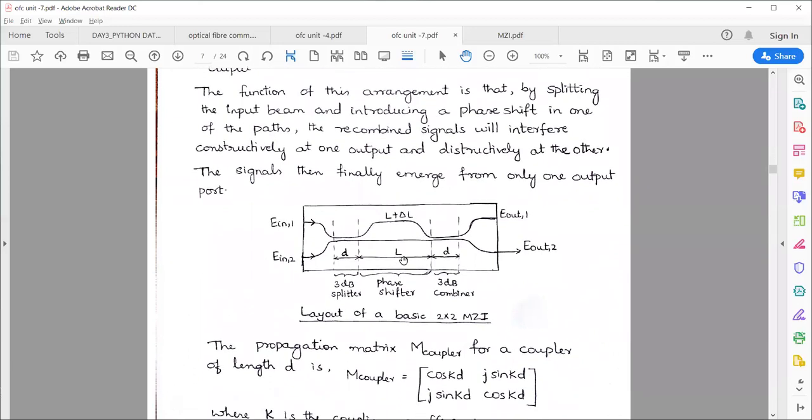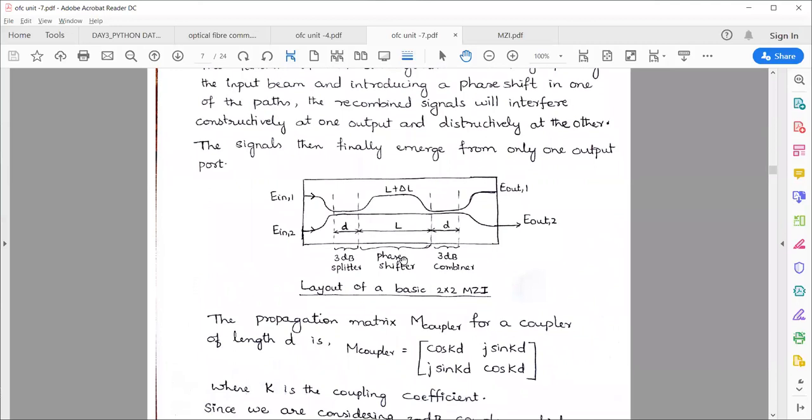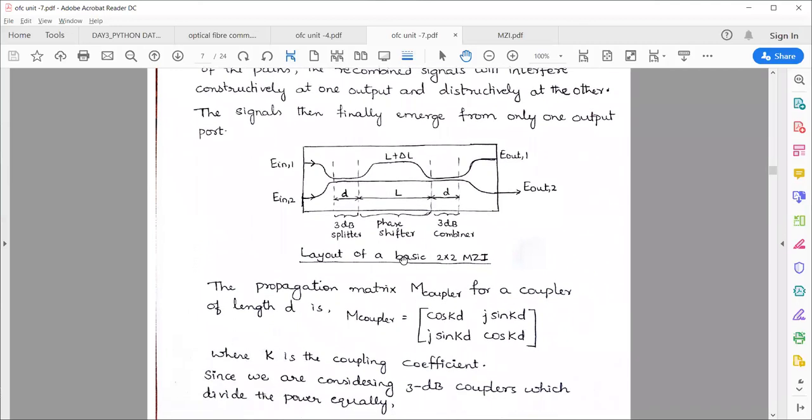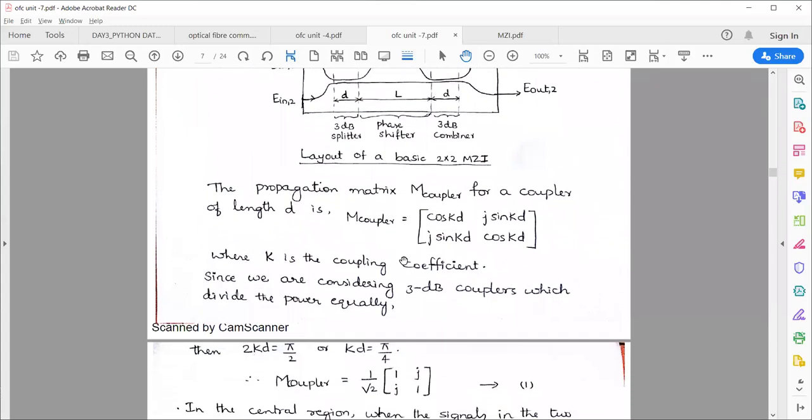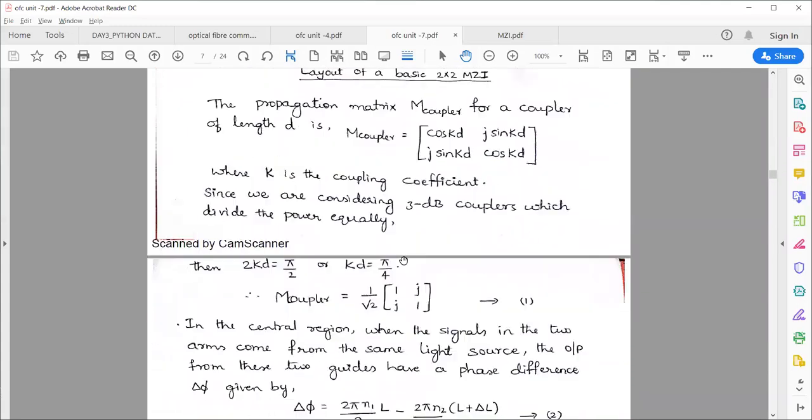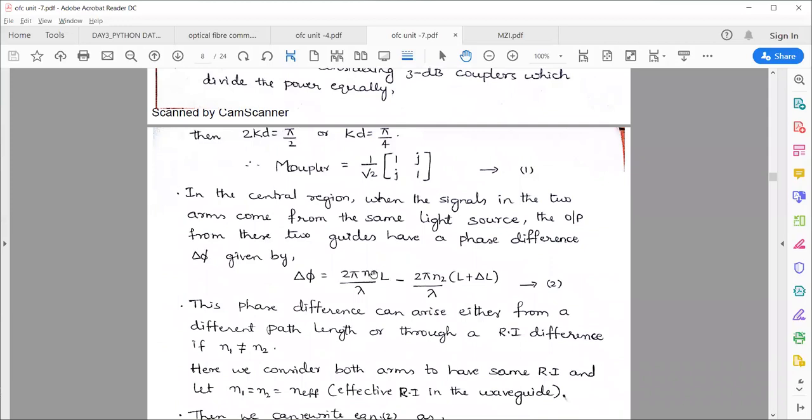So one can introduce a phase shift in the phase shifter by two means. The first method is by introducing an additional length delta L, or by having different refractive indexes in both the arms.